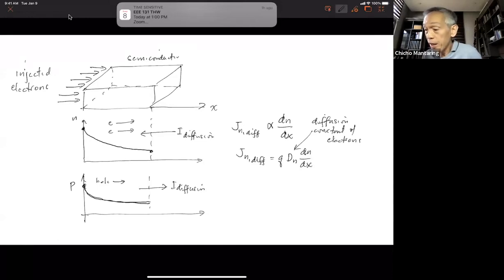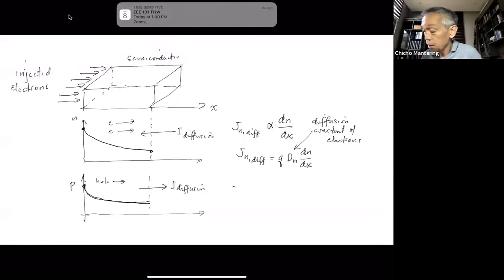Okay. Now the diffusion current is going to be proportional to negative dp/dx. Why? That's taking into consideration that the hole and the diffusion current are in the same direction. And your formula will now be equal to minus q Dp dp/dx.